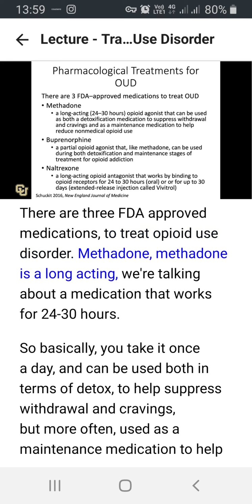Methadone is a long-acting opioid medication that works for 24 to 30 hours.